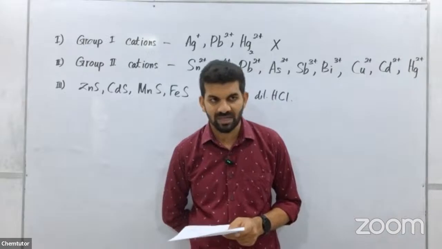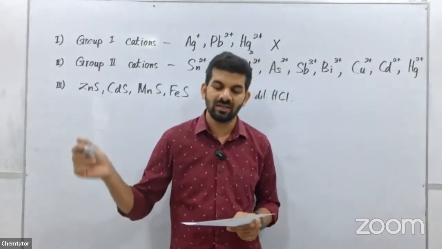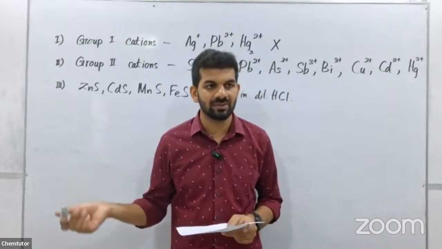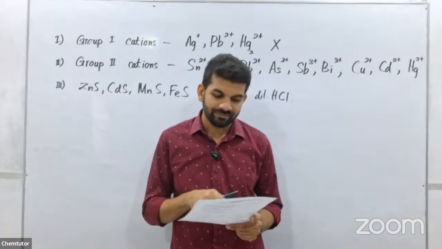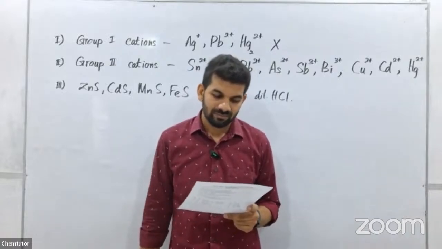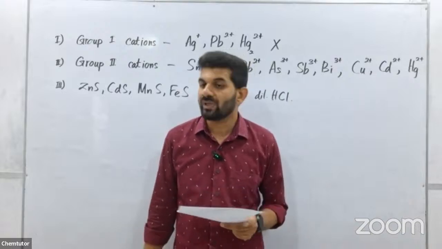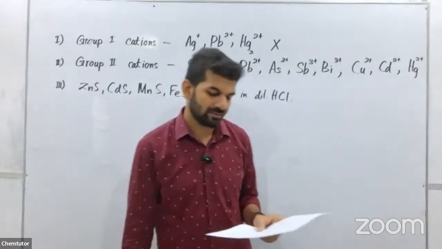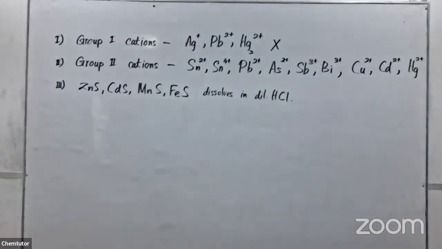Because the amphoteric ones give the hydroxide precipitate, and with the excess sodium hydroxide, it gets dissolved. Right. So you can say that this should be an amphoteric hydroxide.